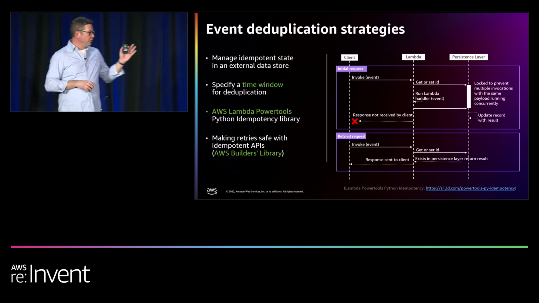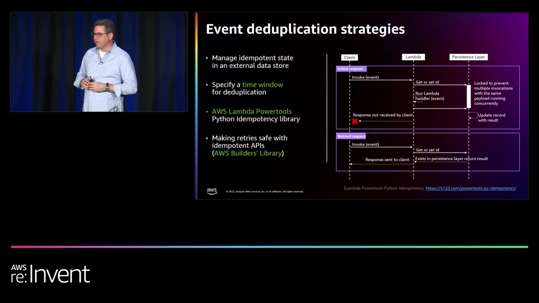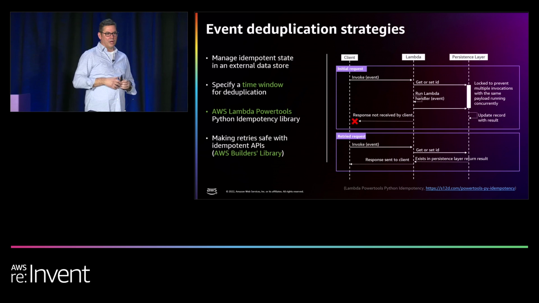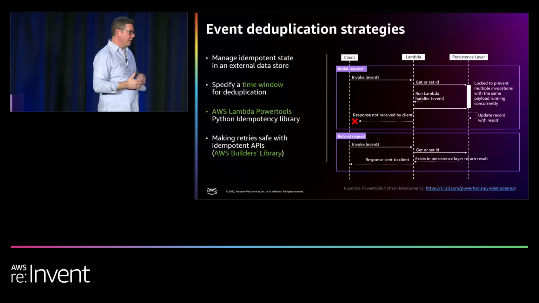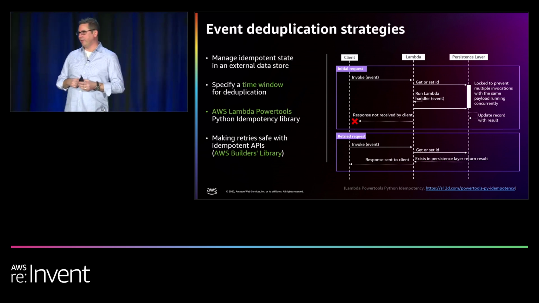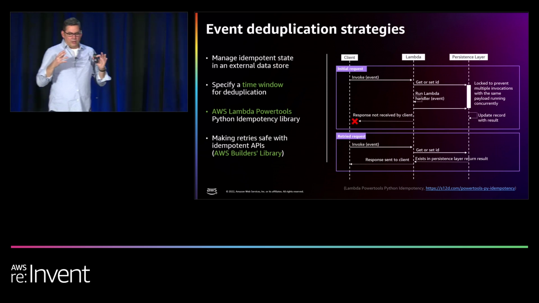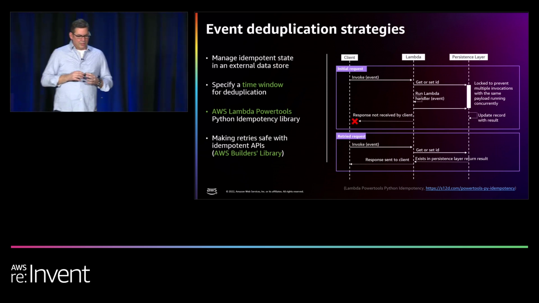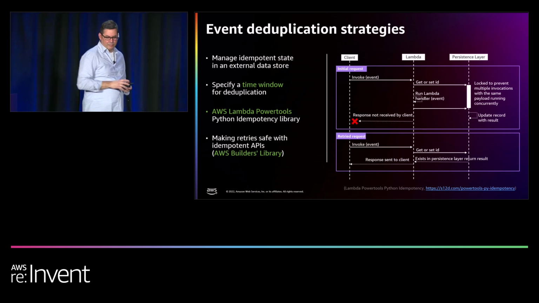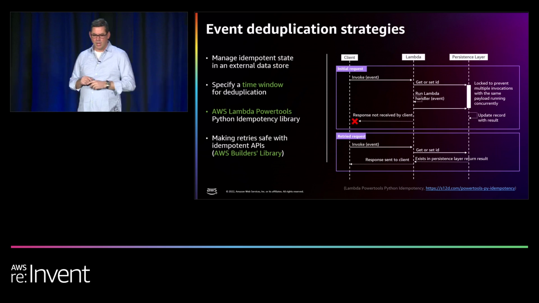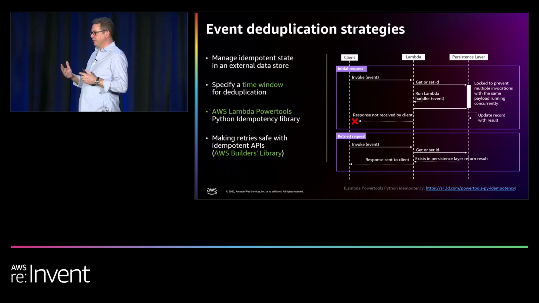Now, what I'm showing you here is a diagram of the idempotency utility for a utility that we've created called AWS Lambda Power Tools for Python. In this implementation, an event is processed by a Lambda function, which includes the idempotency key.